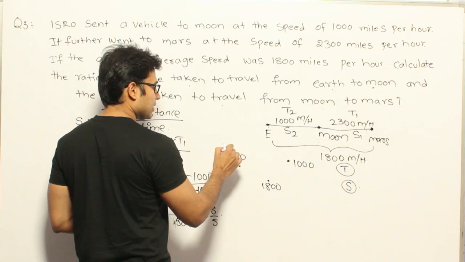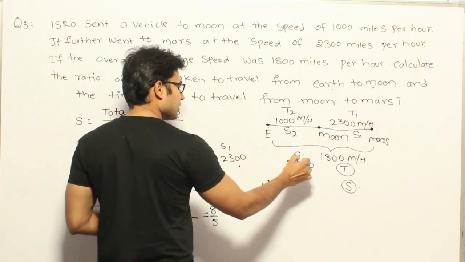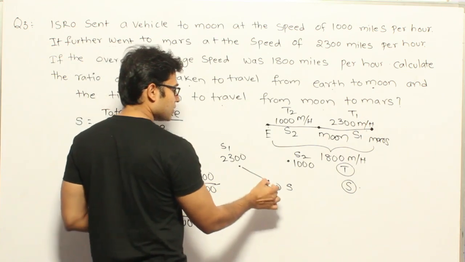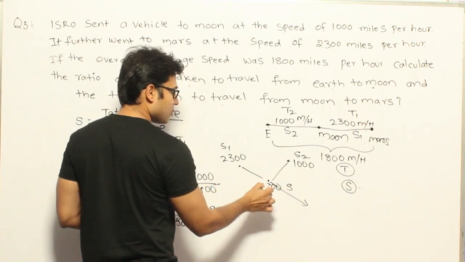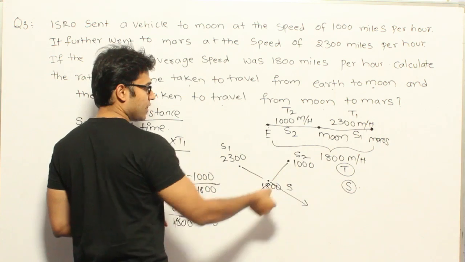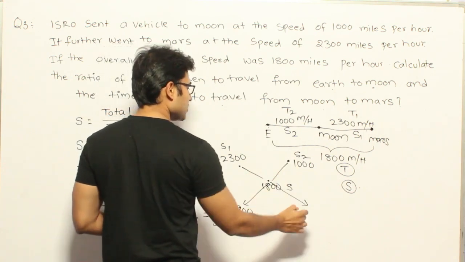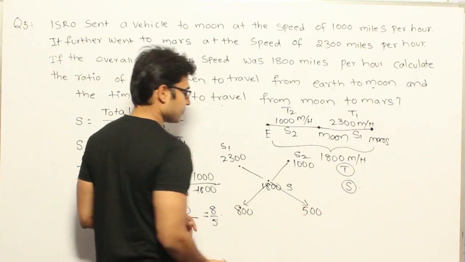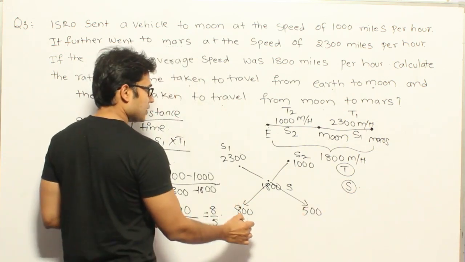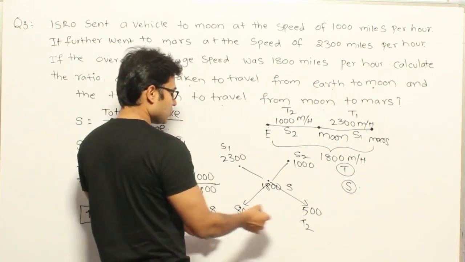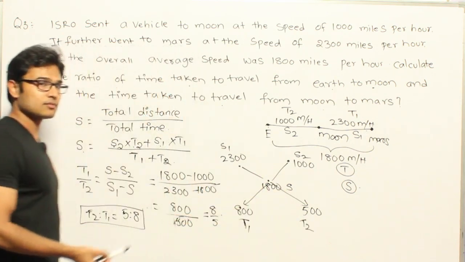Now this is S1, this is S2, this is S. Now you can find out this difference and write it here, find out this difference and write it here. If you find out this difference, it is going to be 800, and if you find out this difference, it is going to be 500, right? Now let's say this is T1 and this is T2, which means T1 is to T2 equal to 8 is to 5. Got it?